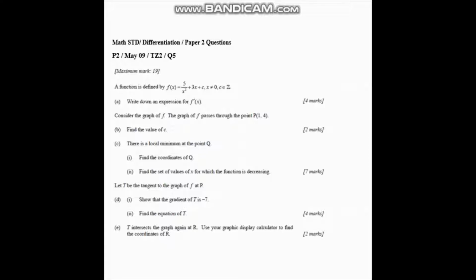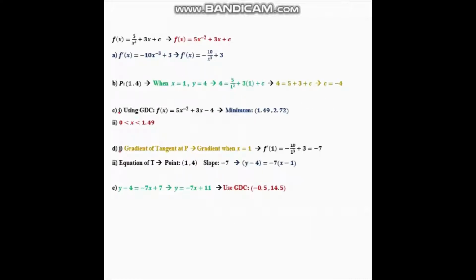So we are given an expression for f of x, 5 over x squared plus 3x plus c, and in A we are required to find f dash. So I've rewritten the function here in red. This format should be easier to differentiate than the original function.